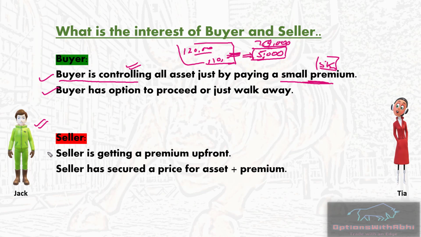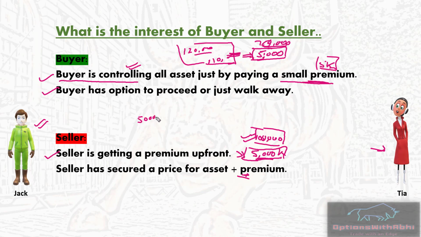The seller is getting a premium upfront, right? Seller is getting a premium of 5,000 in this case, and the seller has secured a price of the asset and the premium. One important point to keep in mind here is that whatever premium is paid by the buyer, it is always kept by the seller, no matter what. So if Jack comes back after 3 months and wants to proceed with the deal, he needs to pay 100k on top of the 5,000 he already paid.